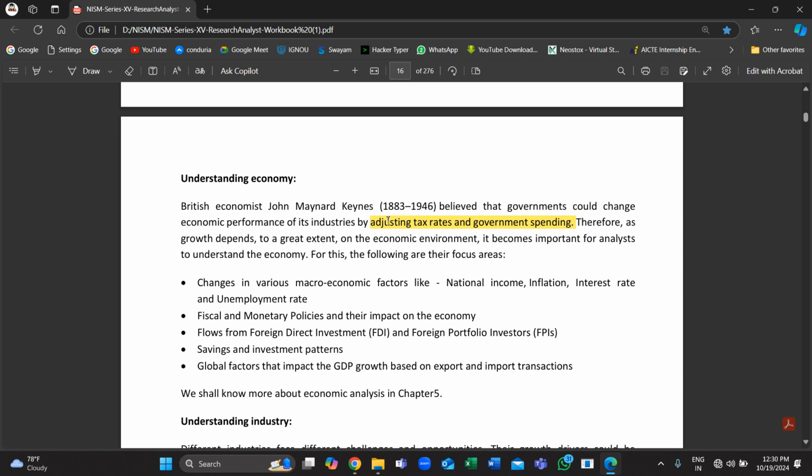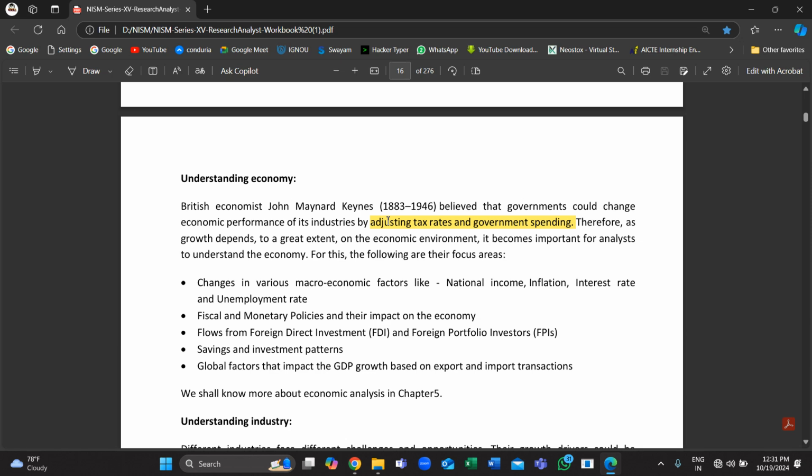The following are the focus areas: changes in various macroeconomic factors like national income, inflation, interest rate, unemployment. You can see these factors impact the stock market. If interest rates are cut, stock markets will go up, and vice versa. The stock market takes into consideration all these macroeconomic factors.